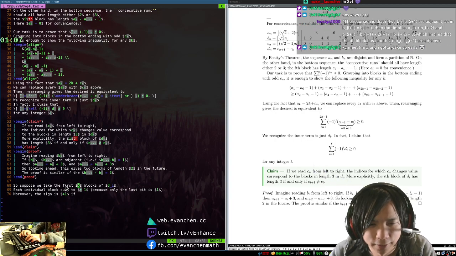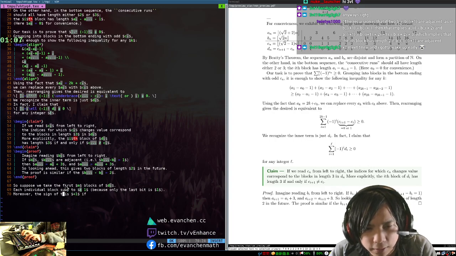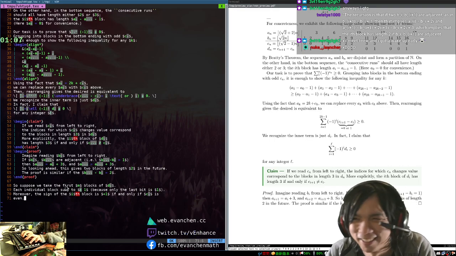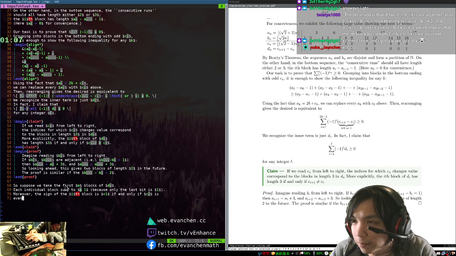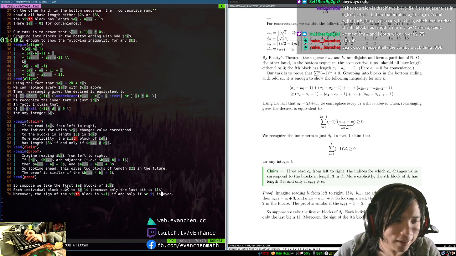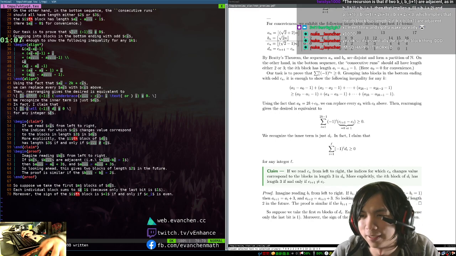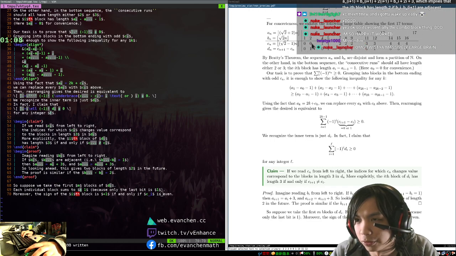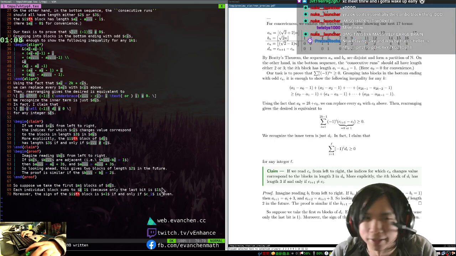What's next? m. The sign of the ith block is +1 if and only if c_i is even. Right, because this is because the 2, 2, 3, 2, 3. Yeah, okay, great.